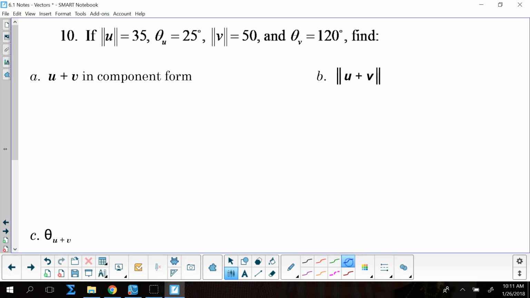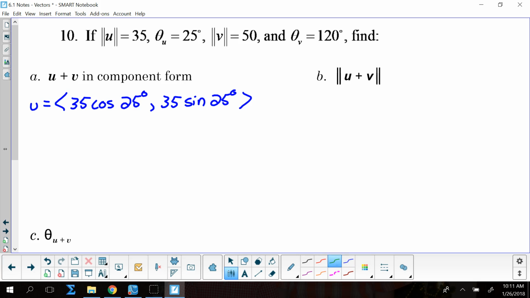Okay? So, if I'm going to go with u here, u is going to be the magnitude of u, which was 35, times the cosine of u's direction angle, which is 25 degrees, and then the magnitude of u times the sine of the direction angle. Gets me that. Agree? Okay.